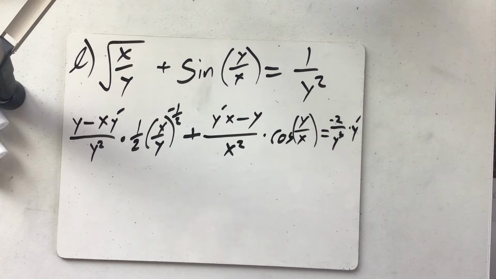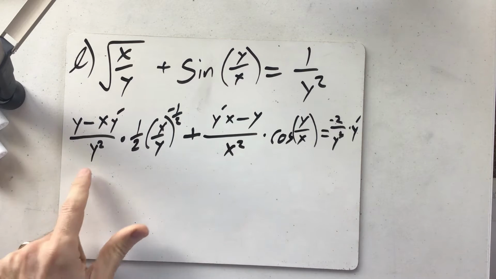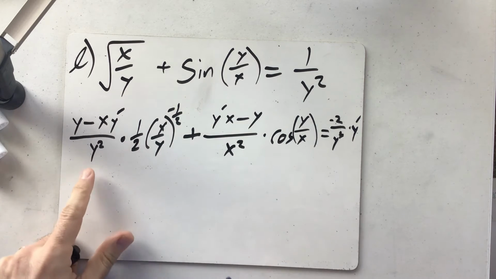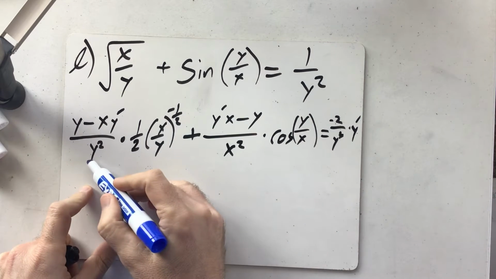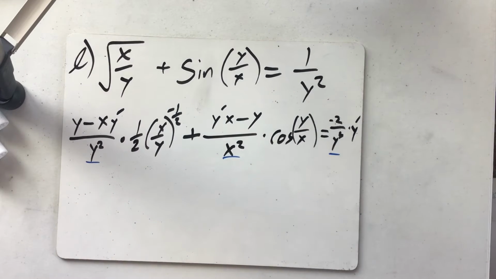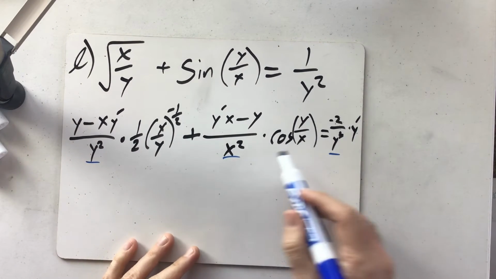My first step for this algebra is going to be to get rid of all the fractions. I guess we don't have to do this step, but it sure seems like a really good step. So how am I going to get rid of all the fractions? Well, I noticed that I have denominators of y squared, x squared, and y cubed. So what if I just multiply everything by y cubed x squared?